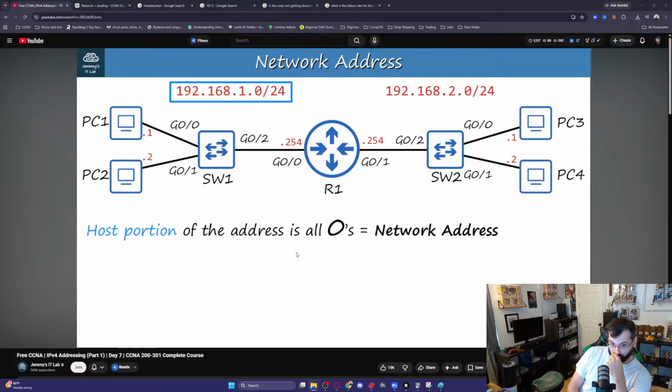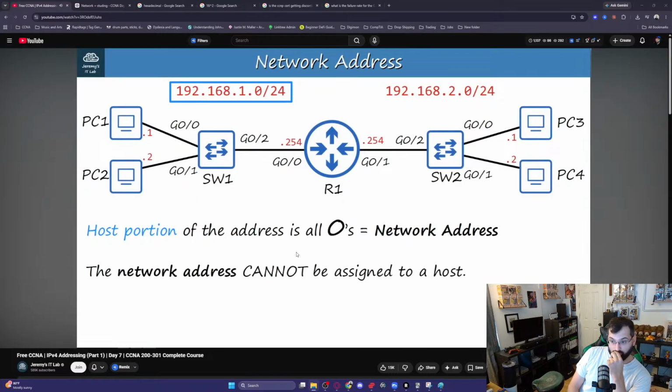Since the host portion is 0, it means the last octet is all zeros. Therefore, this address, 192.168.1.0/24, is the network address. Keep in mind, the network address cannot be assigned to a host. The network address is the first address of the network, but the first usable address is one above the network address. In this case, it's 192.168.1.1, which is assigned to PC1.